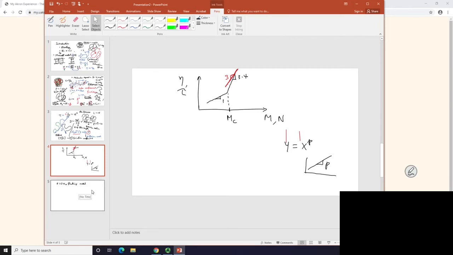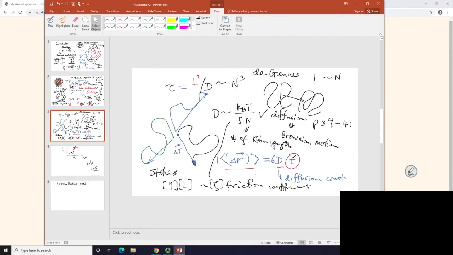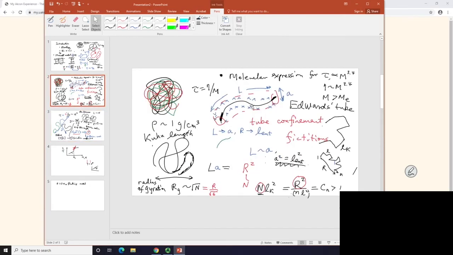The tube model itself does not explain it. I introduced the concept for when the tube is very short, and of course you don't have confinement anymore, but it doesn't describe exactly how short that tube diameter is for different polymers.